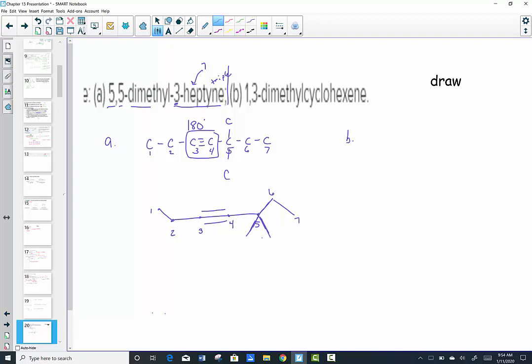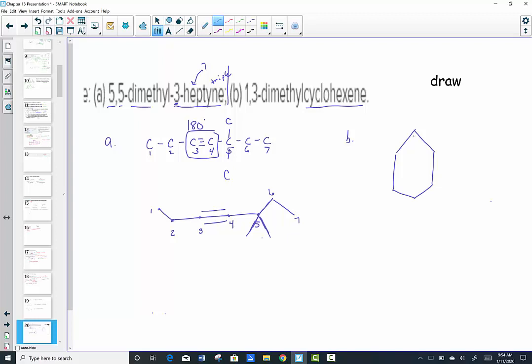These are fun. 1,3-dimethyl cyclohexene. Again, go to the backbone and begin there. Cyclohexene. Well, the hex tells me 6 carbons, and they're going to be in a cyclic structure. So there's my cyclohexene.